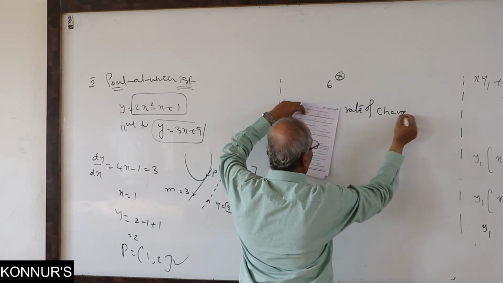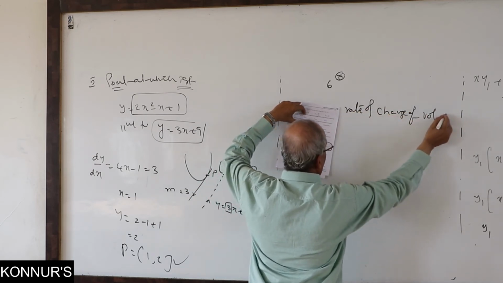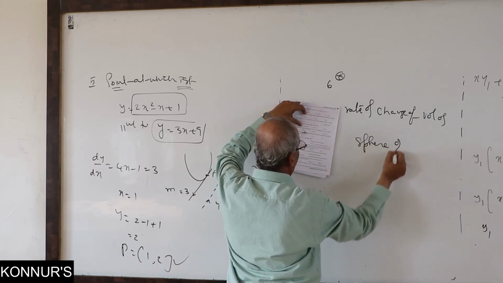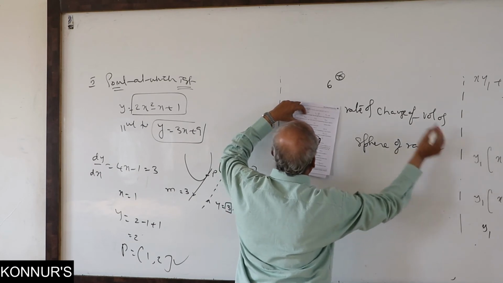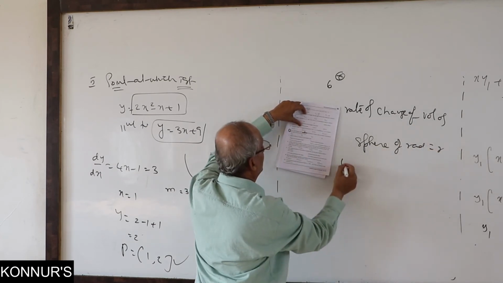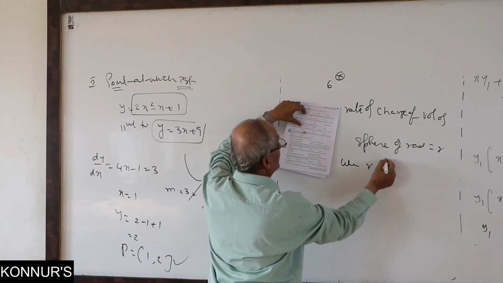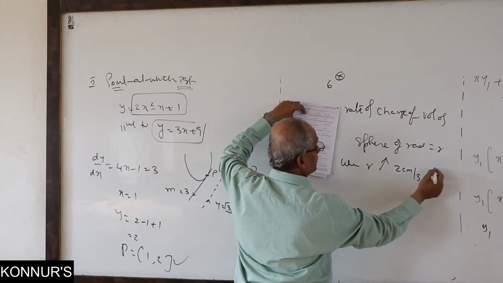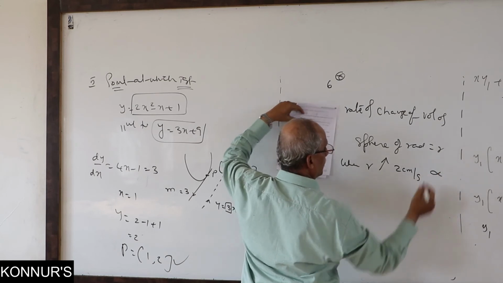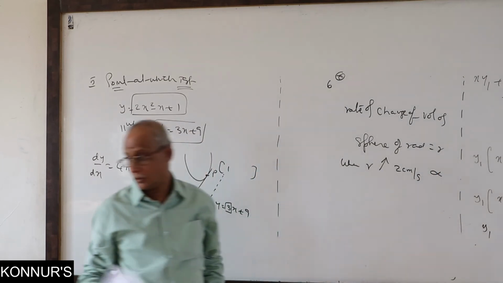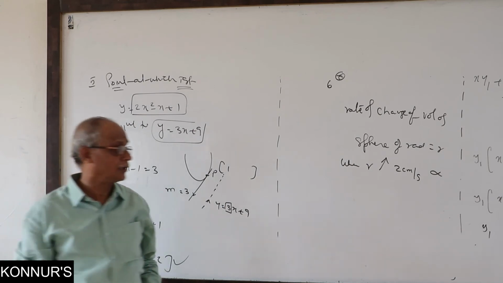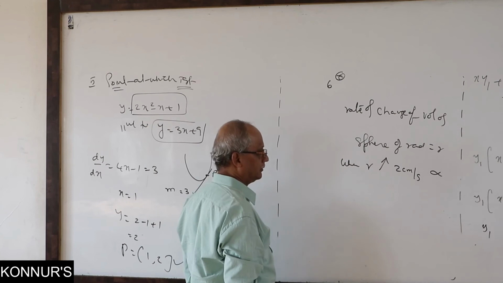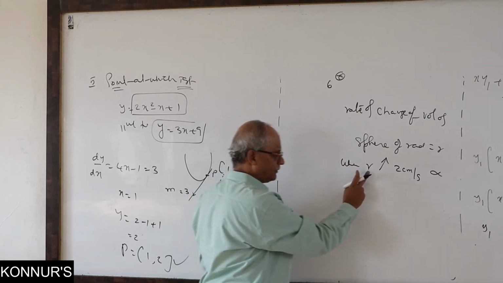Rate of change of volume of a sphere of radius r, when r is increasing at the rate of 2 centimeters per second, is proportional to, he is asking, proportional to what? Rate of change of radius, they must give units: centimeter per second. What is the meaning of that?